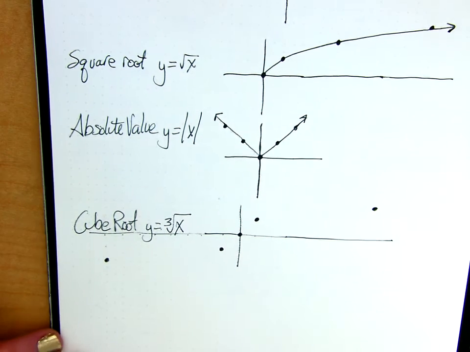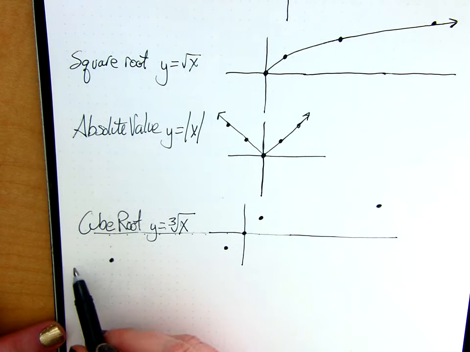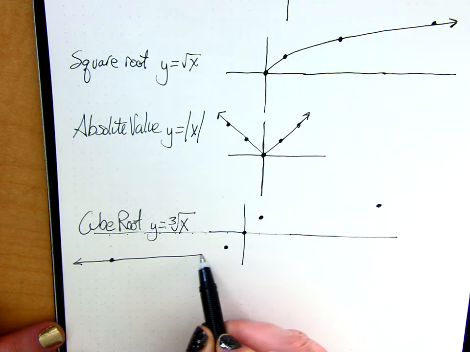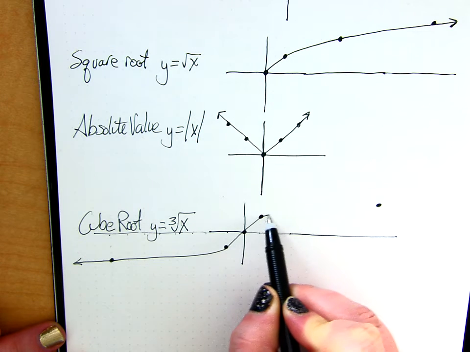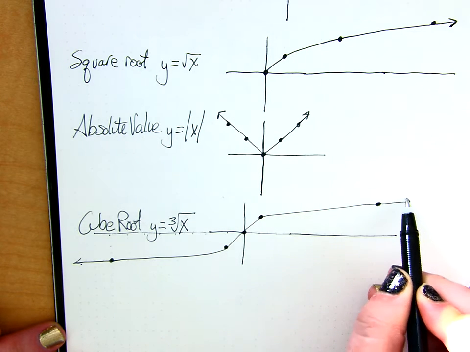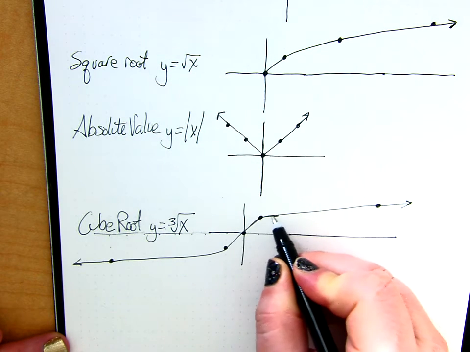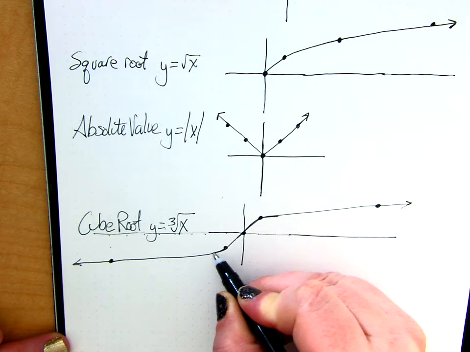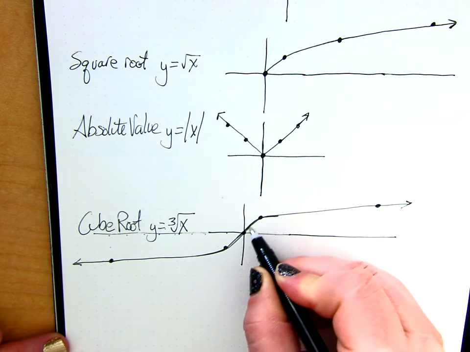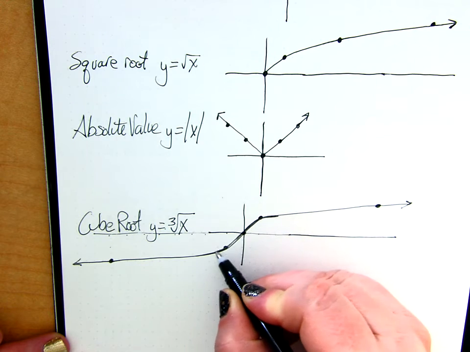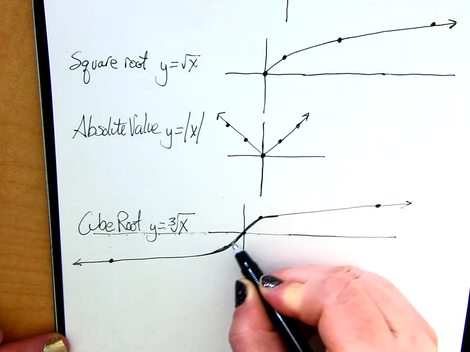So this is what the cube root graph looks like. It's going to keep going forever in this direction, and then it does this little wiggle jiggle, and then it goes forever this way. So it's kind of like, let me sort of smooth them out a little bit more. It's like a stretched out letter S, kind of.